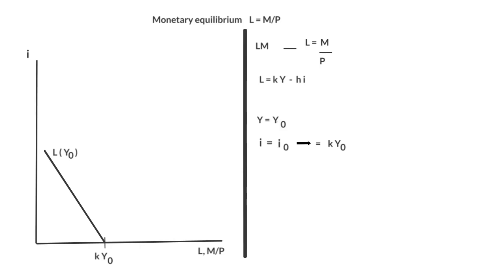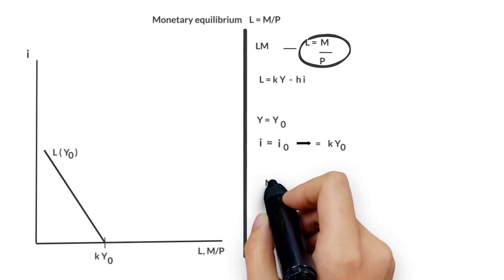The monetary equilibrium occurs when L equals M divided by the price level P, which is the monetary supply in real terms. In simplified terms, monetary supply is determined by the central bank.